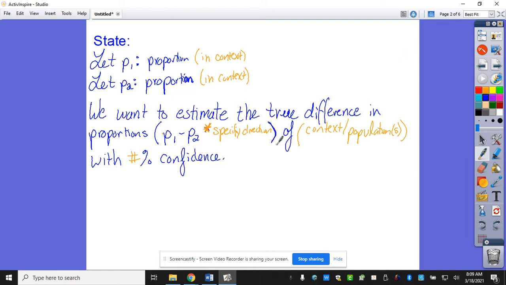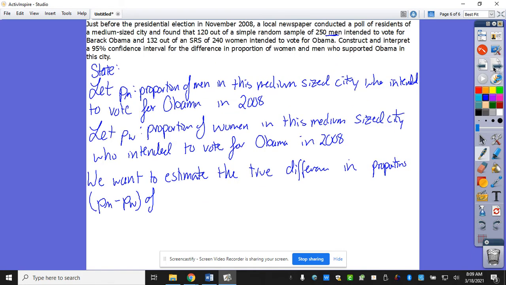Where it says here of context populations, proportion of men who intend to vote for Obama minus proportion of women, true difference in proportion of men.